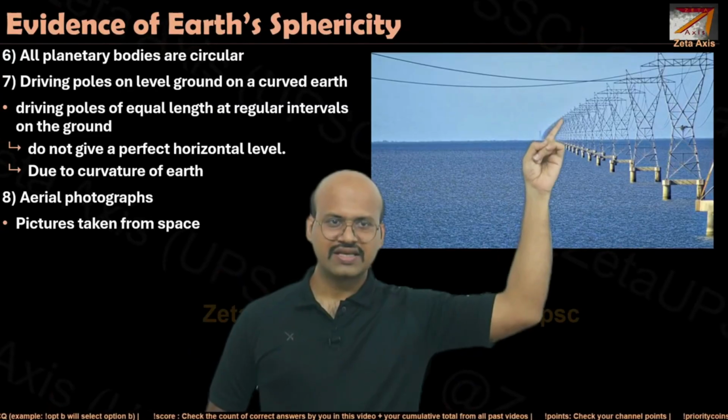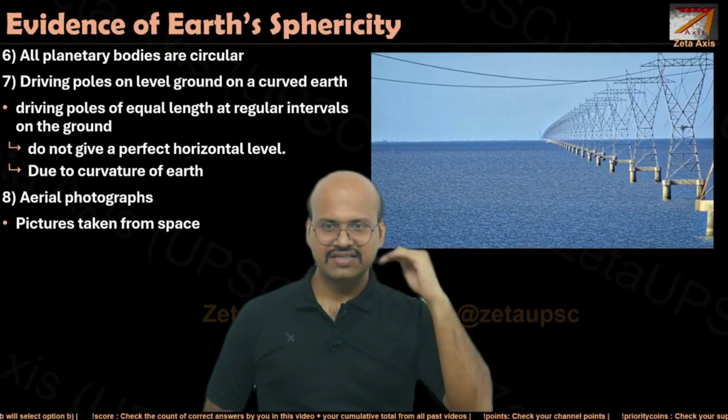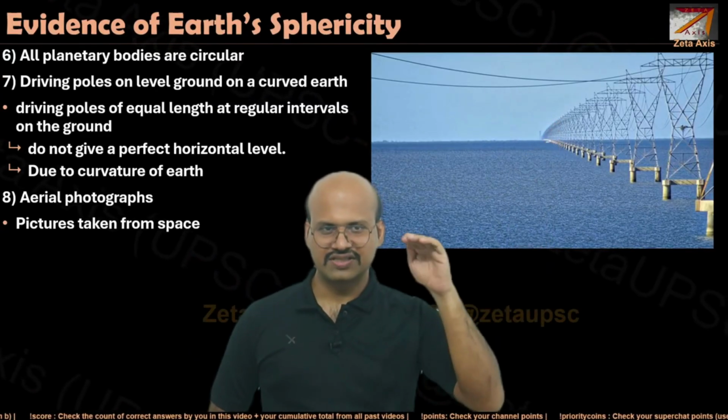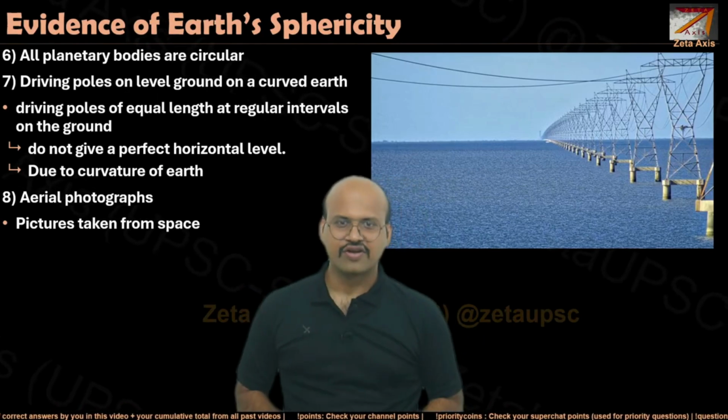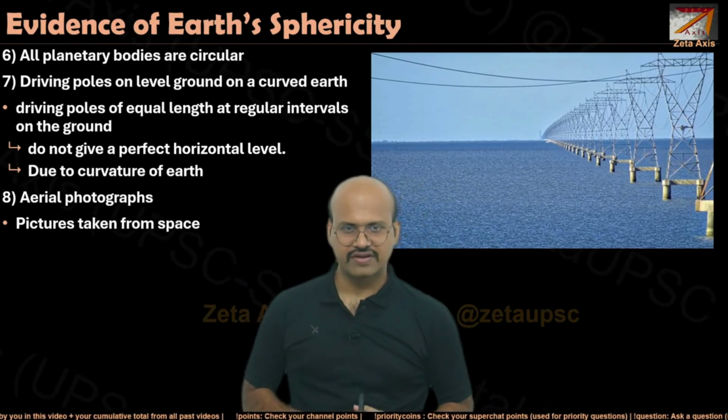But if you see, the line is not basically straight because of the curvature. You can see that the line is actually bending downwards. This is also an effect of the spherical nature of our earth.